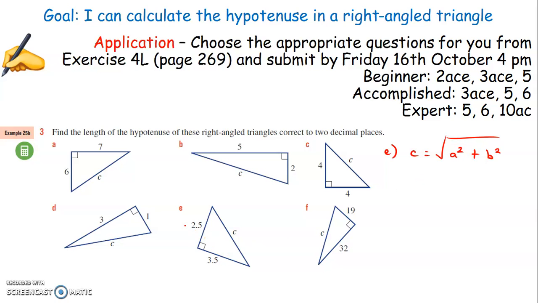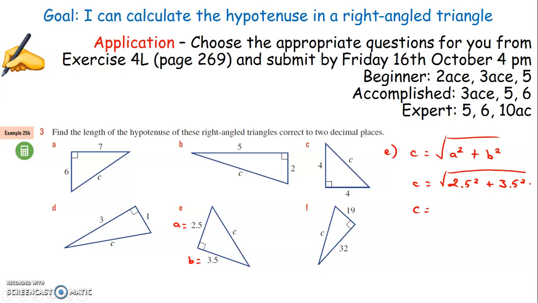I'm going to make 2.5 our A and 3.5 our B; it really doesn't matter which one is which. So here we have 2.5 squared plus B, which is 3.5, so 3.5 squared. Remember the square root sign.